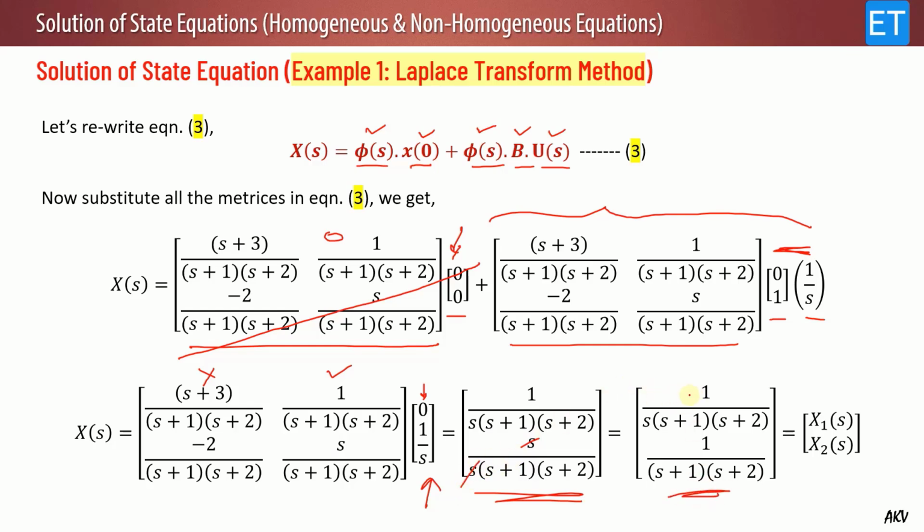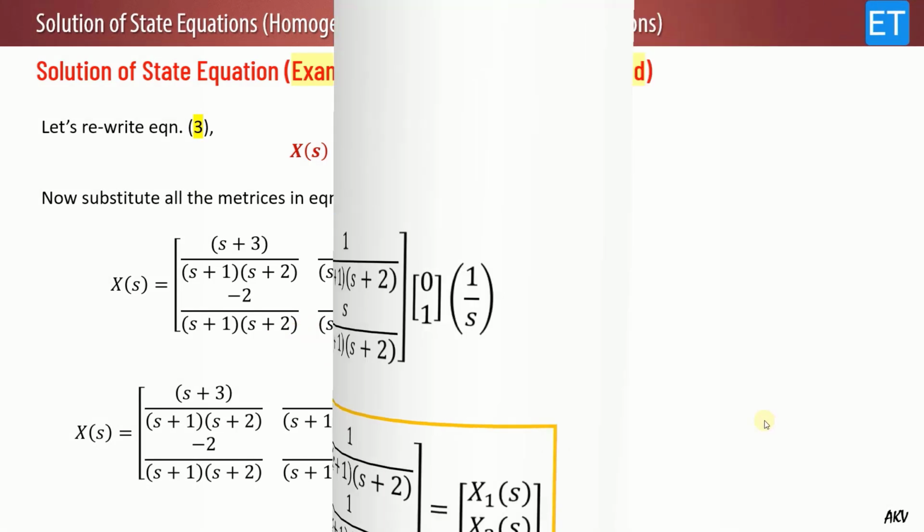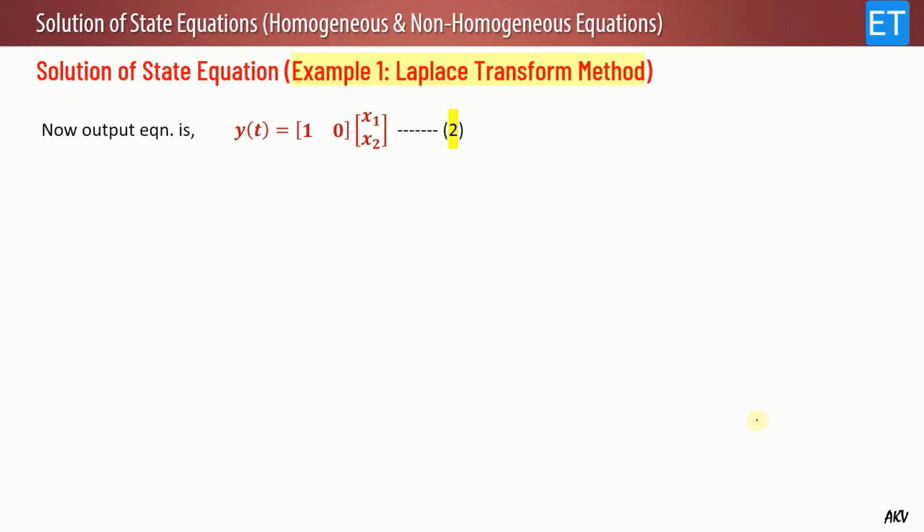So you get this answer, 1 upon s plus 1, s plus 2, and 1 upon s plus 1, s plus 2, right? So that is your Xs. And since it is a 2 variable system, you can represent it as x1 s and x2 s. So now I will use these 2 state variables in the frequency domain, and they will be put into the output equation of y to get the output y, right?